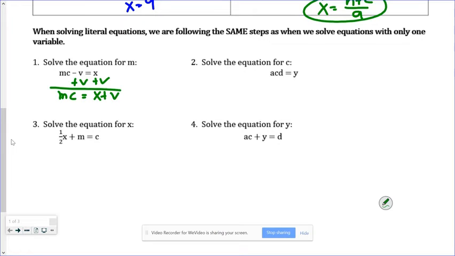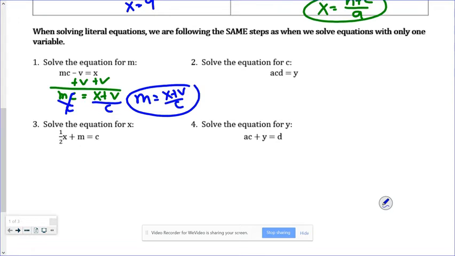Okay, so now I have mc equals x plus v. Now I need to divide both sides by c. Okay, so those c's cancel. So I'm left with m equals x plus v over c.